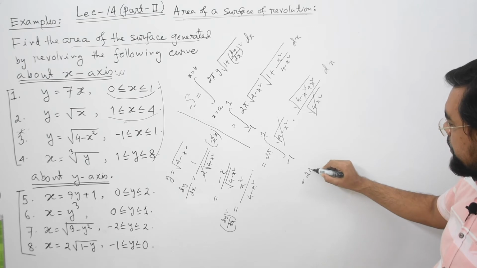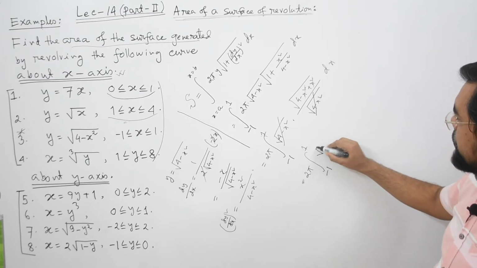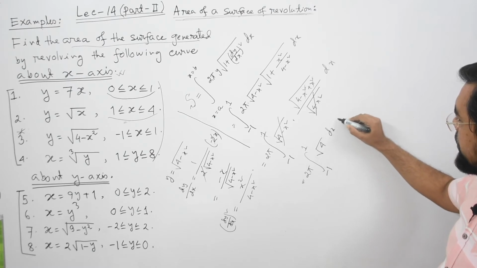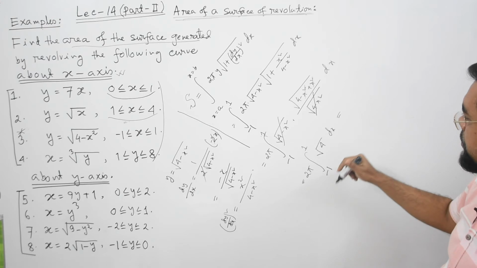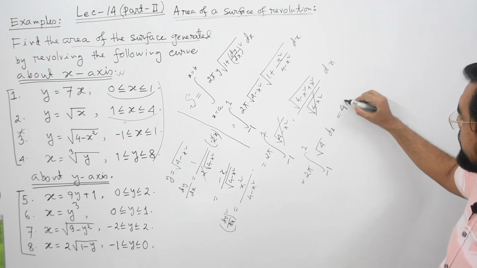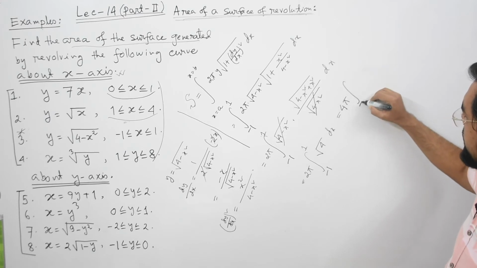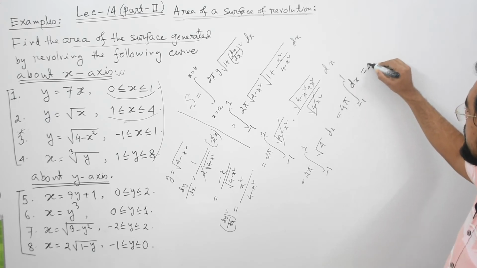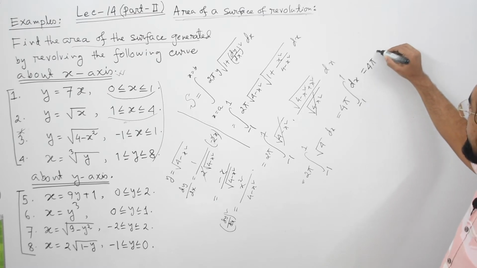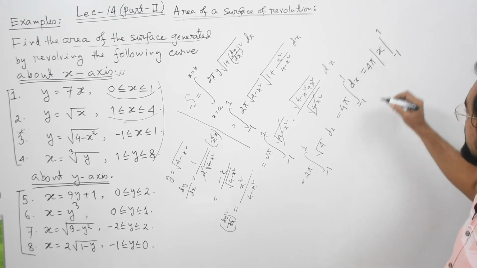So I have 2 pi integral from minus 1 to 1 of root 4 dx, and root 4 equals 2. So I can also take this one out of integration. I have 4 pi integral from minus 1 to 1 of dx, which is equal to 4 pi times the integration of 1, x from minus 1 to 1.